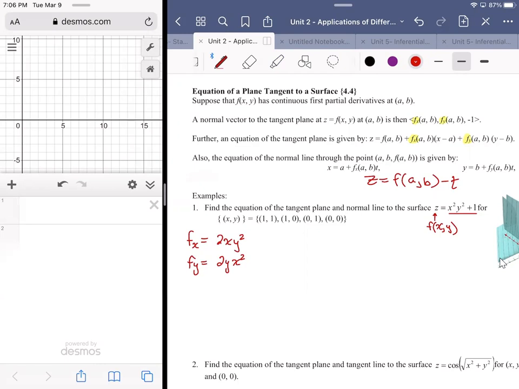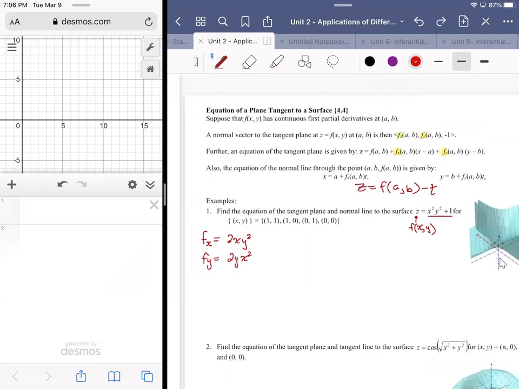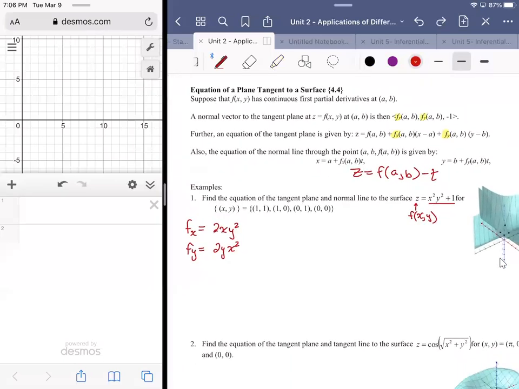So the tangent plane written in the form of z equals, that's not really how we're used to writing it. We could write it instead as f sub x of (a, b) times x minus a, plus f sub y of (a, b) times y minus b, minus z is equal to negative f of (a, b), sorry.